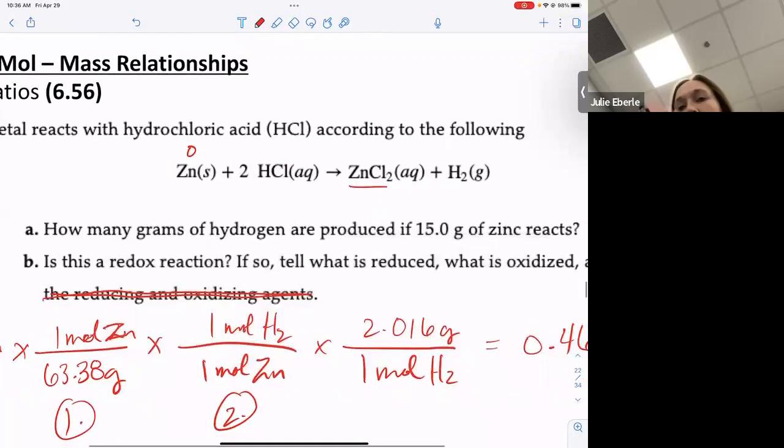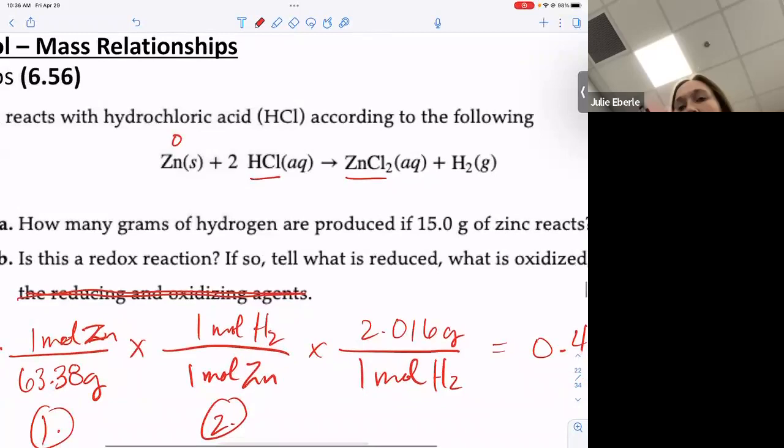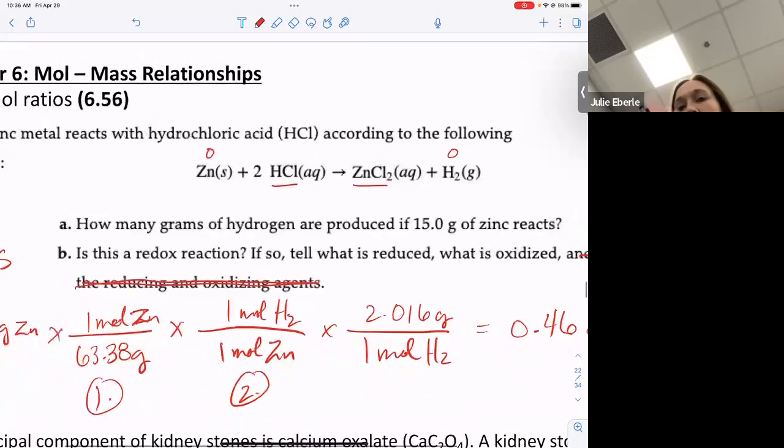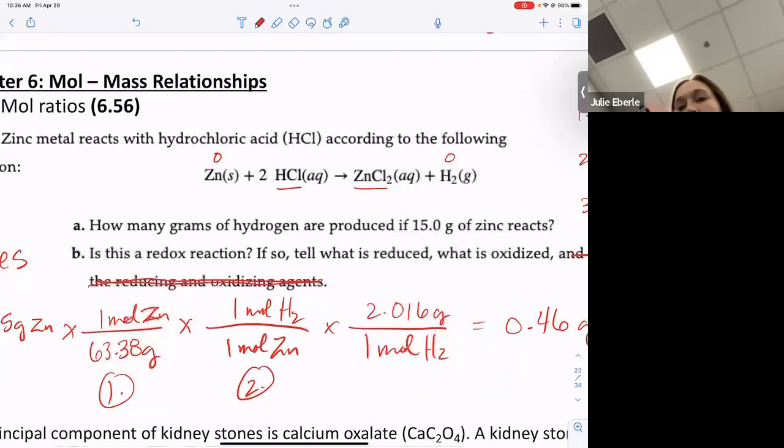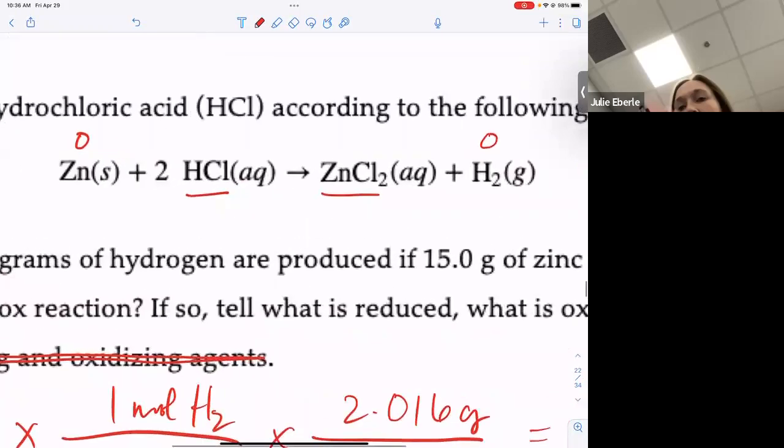Now we got to think a little bit more. And then hydrogen was not 0 on the reactant side, but on the product side, it does have an oxidation number of 0. What is reduced? What is oxidized? So what is the oxidation number of zinc when it's combined with chlorine?